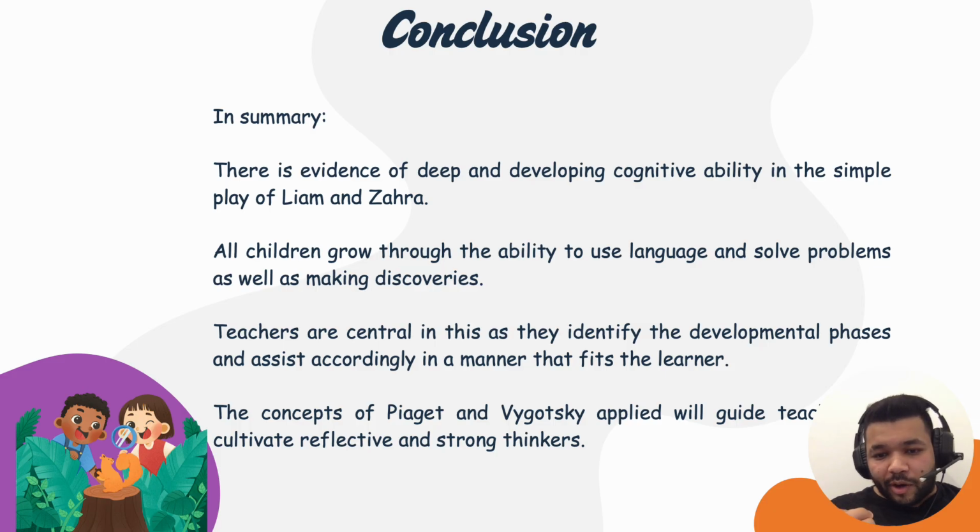Applying the concepts of Piaget and Vygotsky helps teachers cultivate stronger, reflective thinkers. Teachers play a pivotal role by recognizing developmental stages and adjusting strategies accordingly. Applying Piaget and Vygotsky principles equips educators to nurture reflective, independent, and capable thinkers.